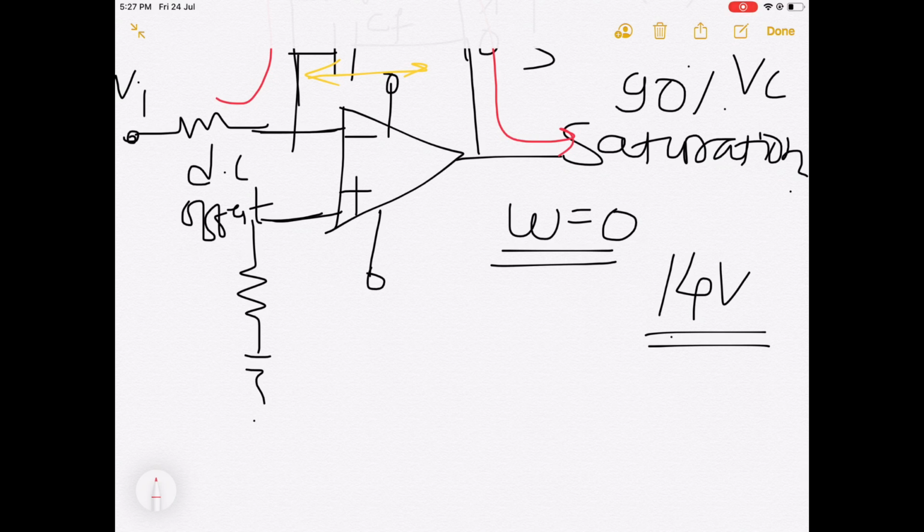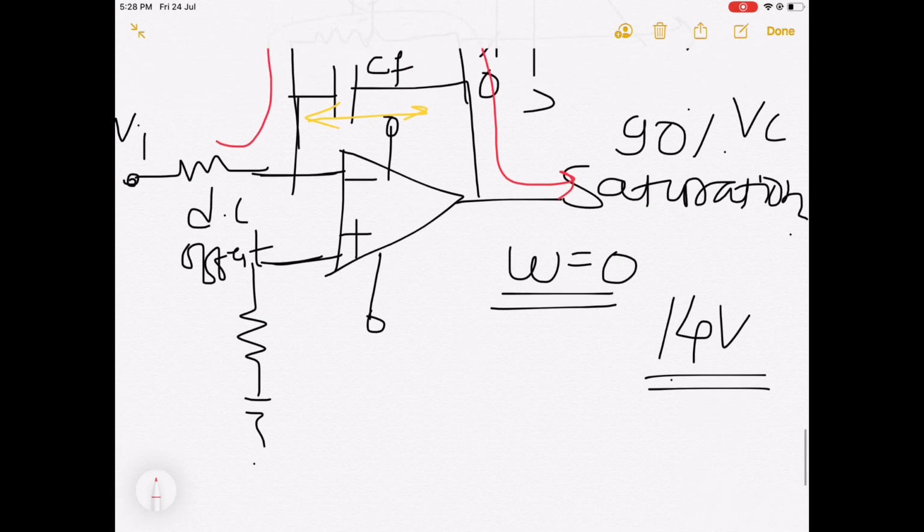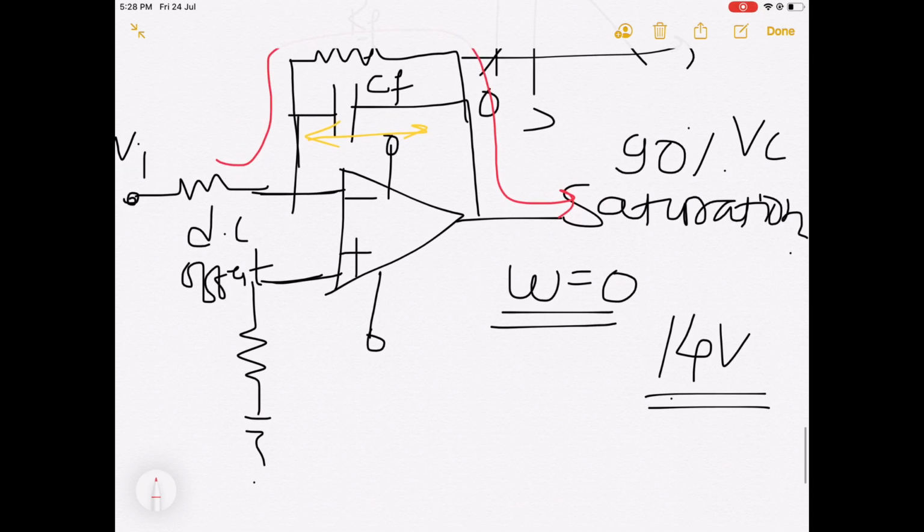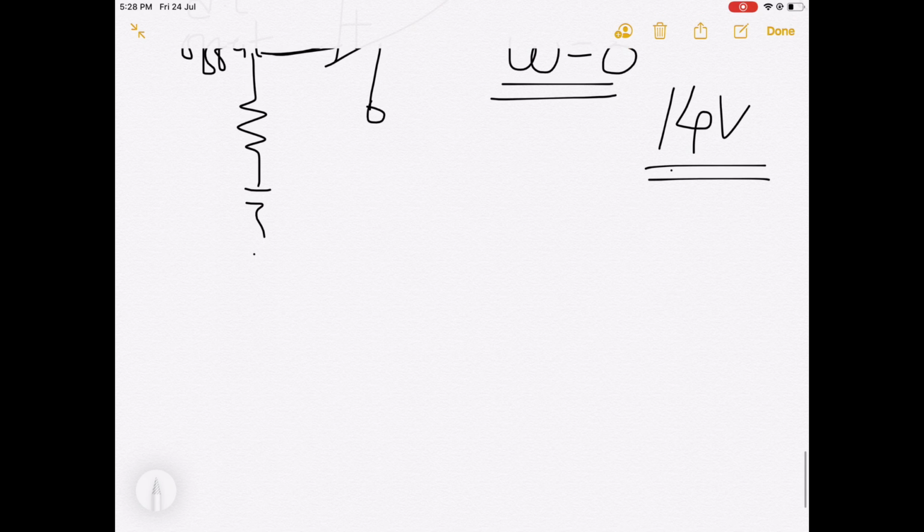Then a few additional components are also used with the ideal integrator circuit to minimize the effect of the error voltage. Such an integrator is called a practical integrator. Okay. So, this circuit is nothing but the practical integrator circuit. So, first we draw the proper diagram of the practical integrator circuit.